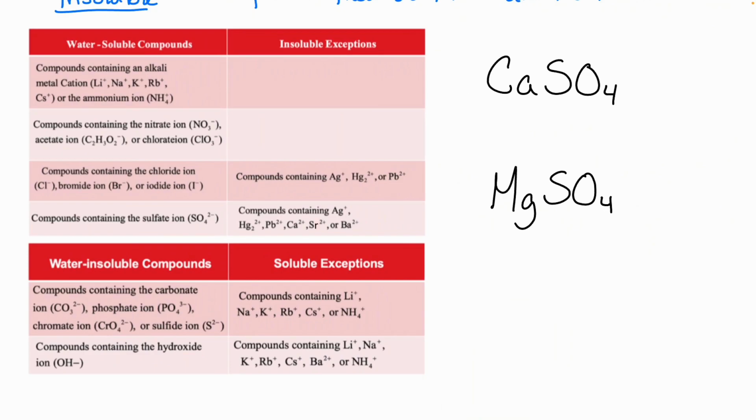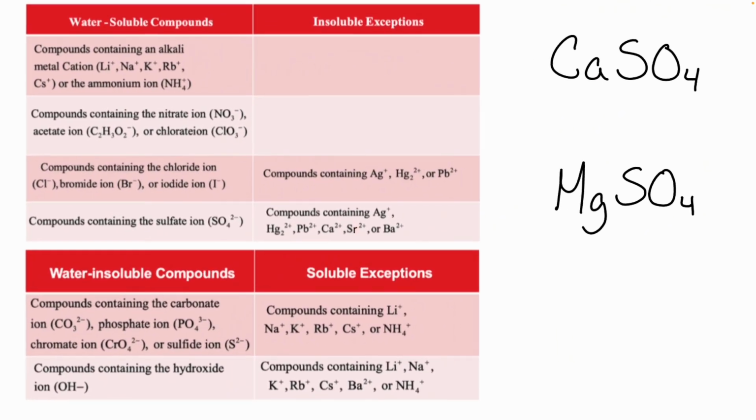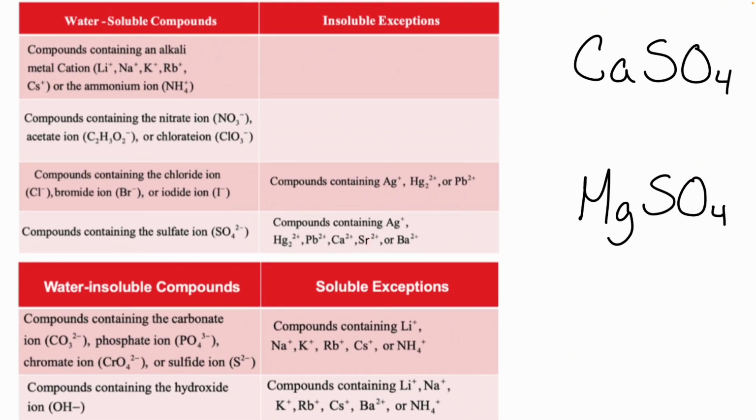All right, I'm going to give you a few minutes and then we'll go over them together. Zoom in as much as possible here. You're going to look up that anion, that sulfate ion on the left-hand side of this table.